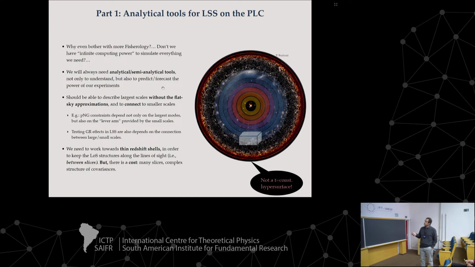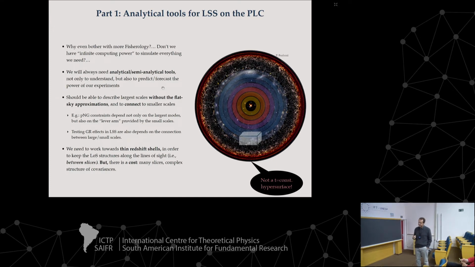We have this instinct: we have near infinite computing power, and we want to simulate everything, but we need to actually understand what kinds of information are being propagated into our physical problem, and we need to forecast the power of our experiments, and that is sometimes hard to do if you're just simulating things, if you make just a forward modeling of everything. It is a very costly approach.